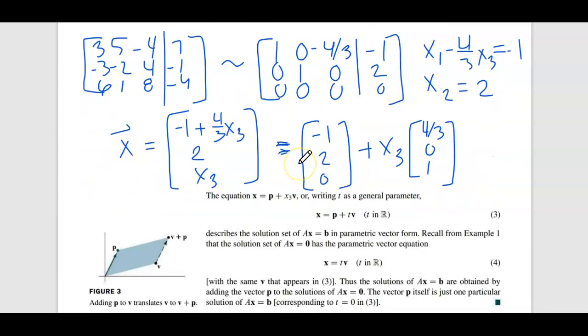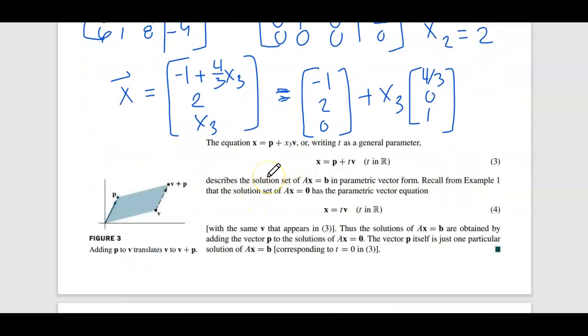And if you notice, this is then an equation. x equals, we can call this whatever we want. In the notes it says P, and then this V. And instead of calling it x3, we can just give it a name, t, or whatever we want.